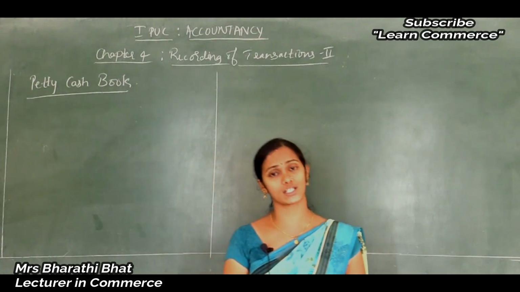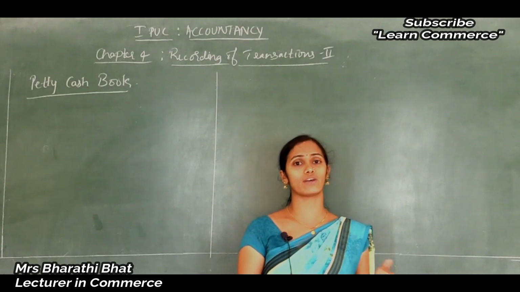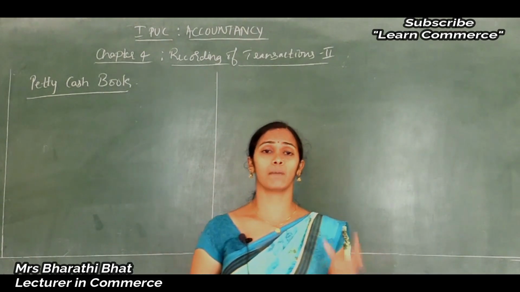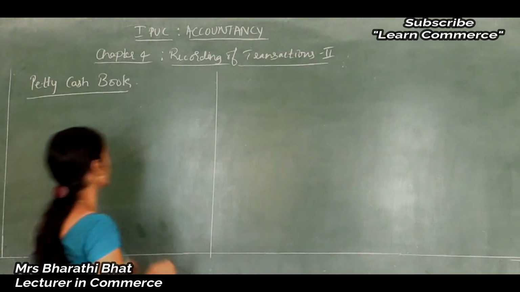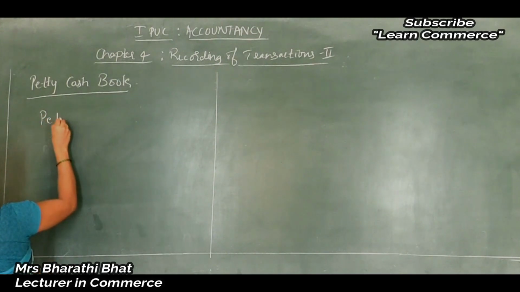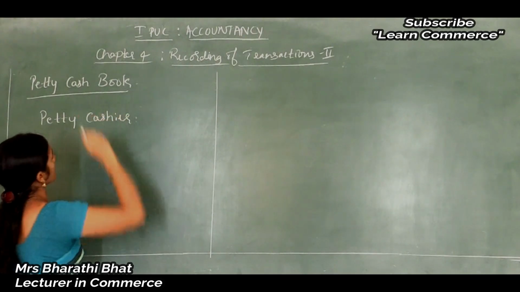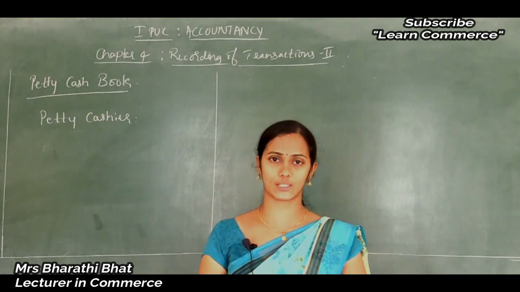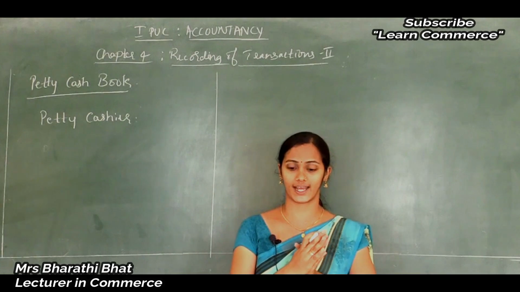To avoid this complex situation, the main cashier appoints one more cashier called the petty cashier, to record all these small expenses of an organization.